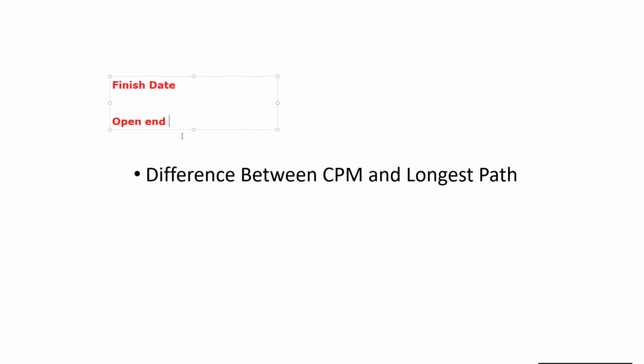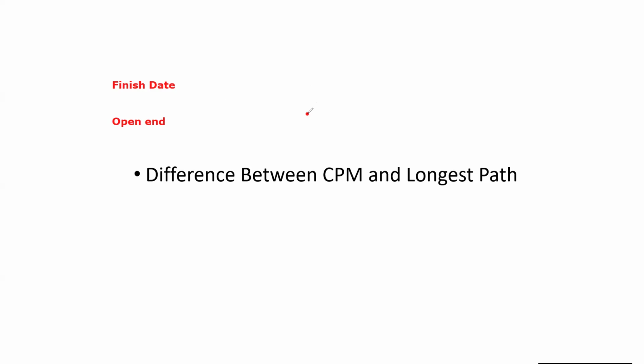When you keep it this way, you are not having any finish date. Primavera P6 is going to find one critical path by its own assessment of which one is the longest path. That is how it is going to work, right? This is called the forward path critical path method.